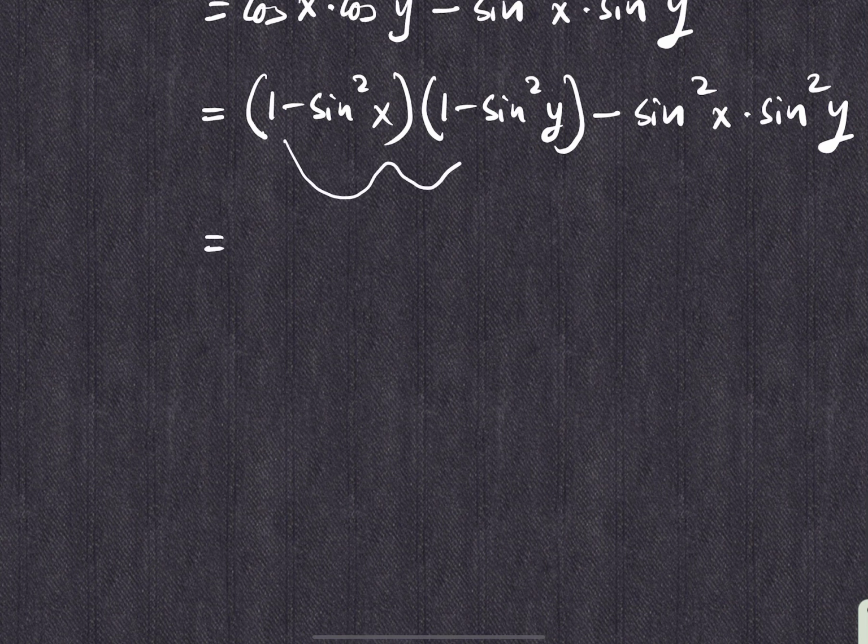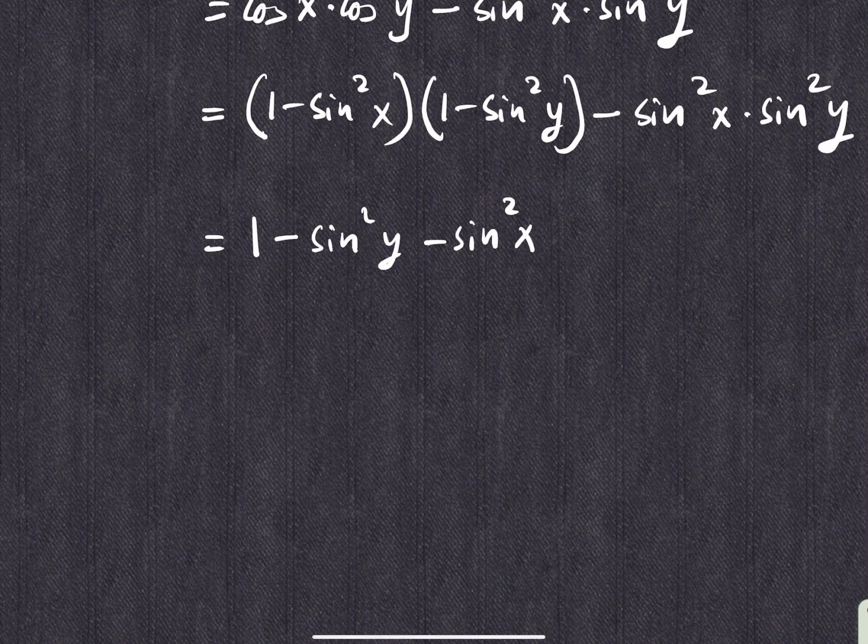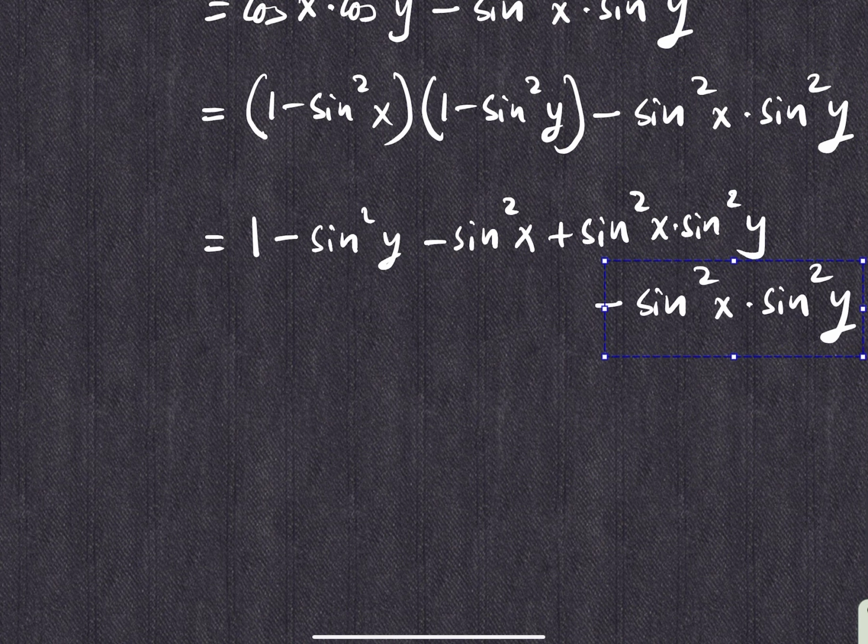Therefore, if you multiply everything there, you get a 1, and then that and that is a negative sine squared of y. That and that is a negative sine squared of x. Then the last two terms become positive sine squared of x multiplied by sine squared of y. You still have your term just right here. I want you to see something.